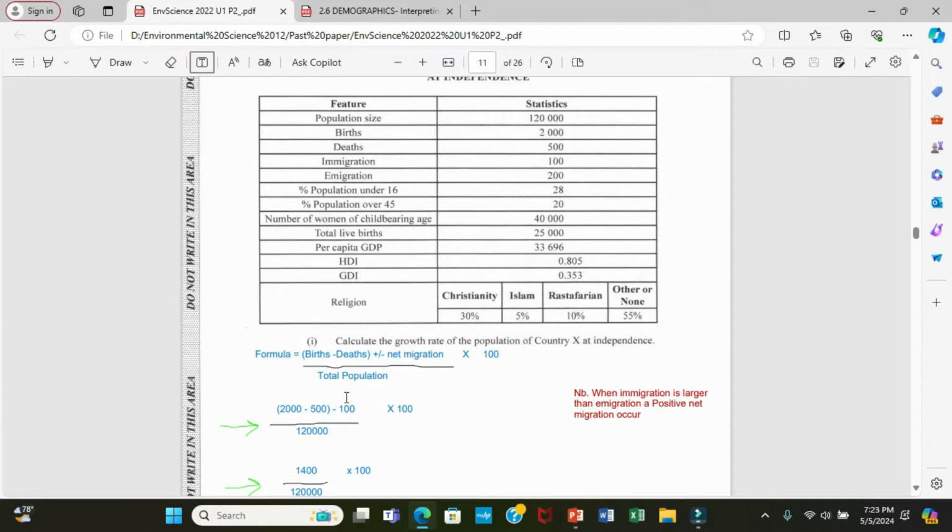So here we see that emigration is 200 and immigration is 100. So emigration is more than immigration. So this would be a negative value. So 100 from 200 is 100, and then the sign would be negative. All right. Now that will be placed over 120,000 because 120,000 is the population size.